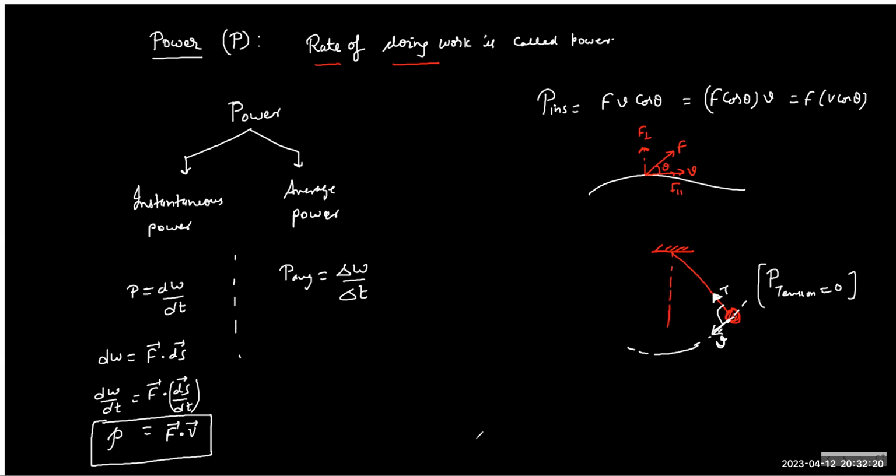So energy per second is power. Let's say you have a bulb of 60 watt. 60 watt means 60 joule per second, which means if you switch on the bulb under the specified voltage, the bulb will consume 60 joule of energy in 1 second. So if you run the bulb for 1 hour, it will consume 60 into 3600 joules.